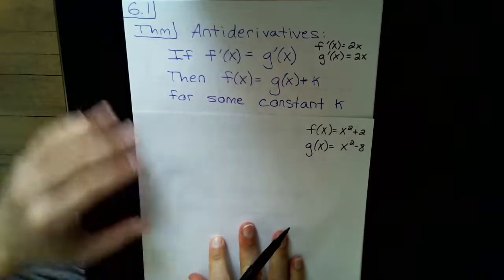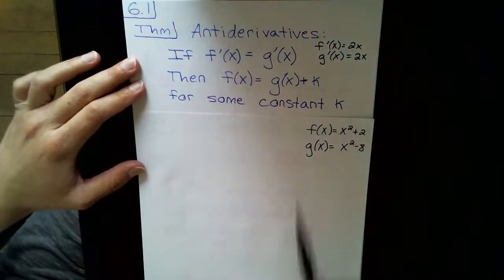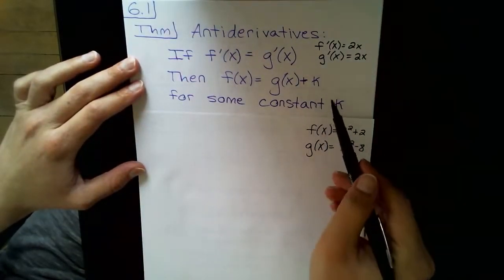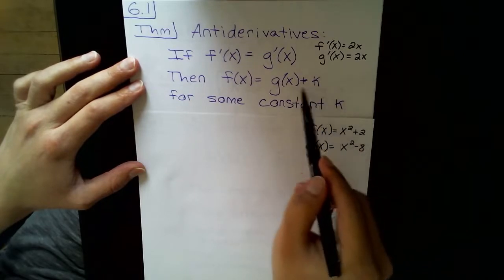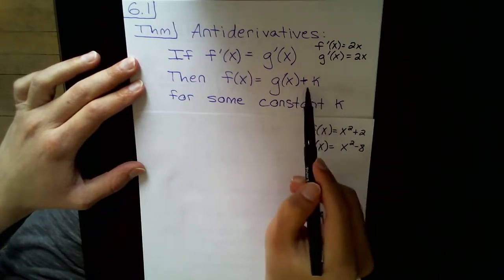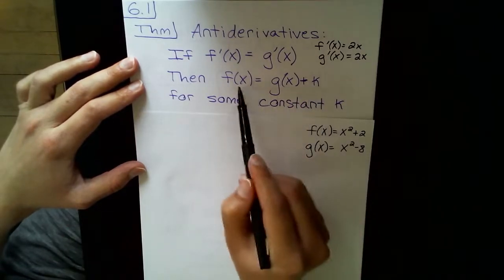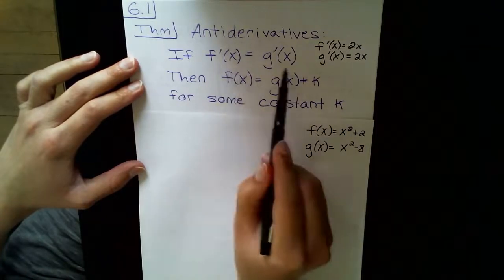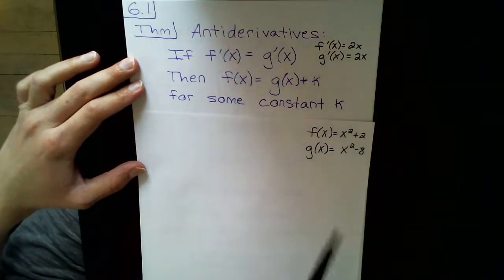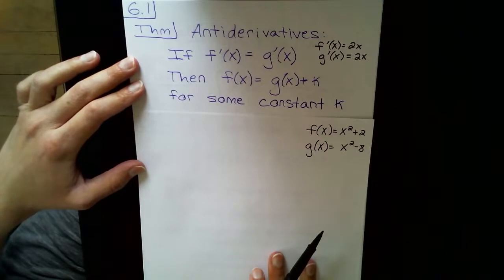Just a quick note: the reasoning is that when you take the derivative of a constant, no matter what constant, the derivative is always 0 and it goes away, which makes these two derivatives equal. But the original functions are not equal.